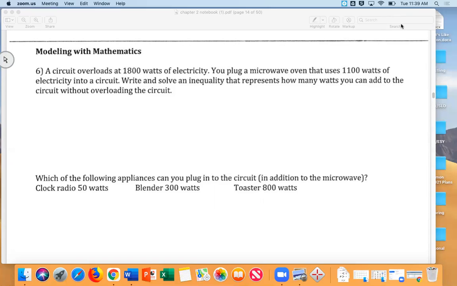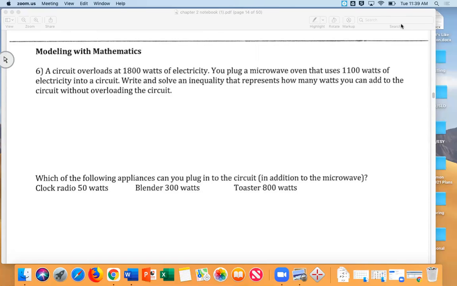And it says, hey, you're drawing too much current. You need to be careful. You might start a fire. And let's be honest, what do you do? You just push the button, you start again, okay? But they put these breakers in there as sort of like an inequality, that you can't go over a certain number, otherwise you could start a fire. And it's a safety feature.